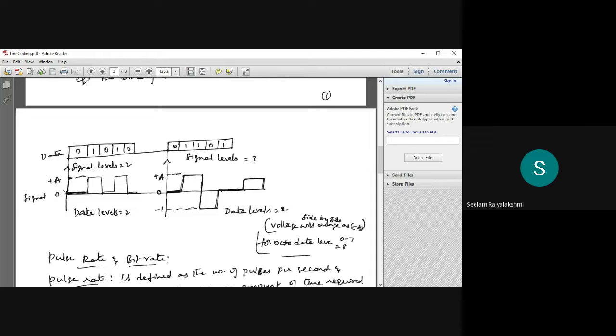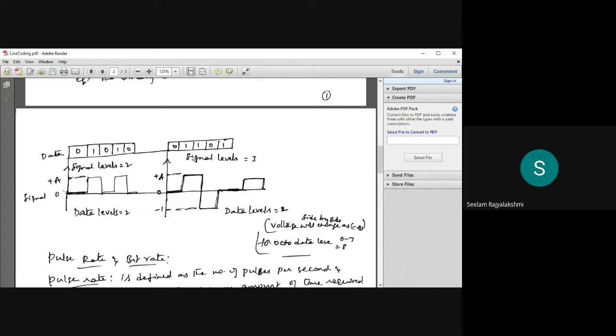For 0 it is represented at 0, and for 1 we have a pulse; for 0 it is down, and 1 again is at the particular amplitude A, and 0 here.